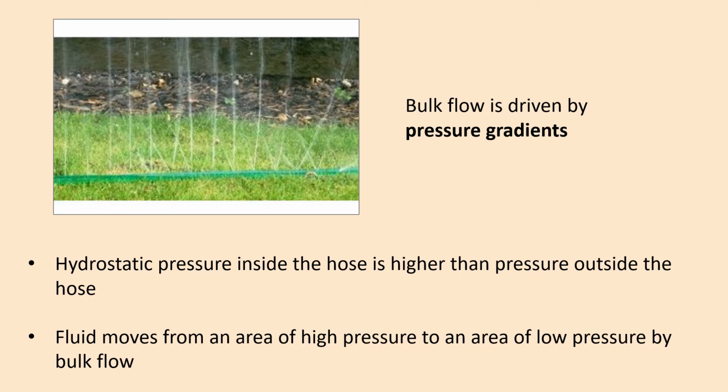So it's water that includes sugar, it's water that includes amino acids, it's water that includes ions. And all of those things are going to move collectively. Those holes in the wall of the hose are not selective. So under this pressure gradient, water and all of the solutes that can fit through the holes are going to move collectively. And so that's an illustration of bulk flow.